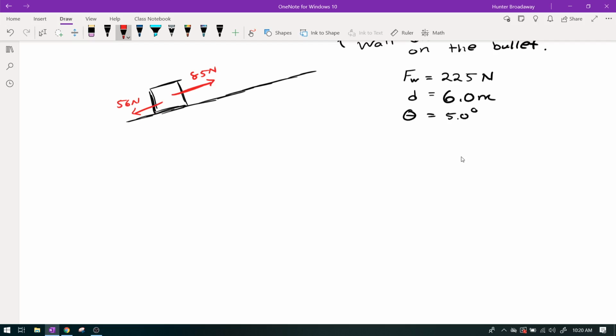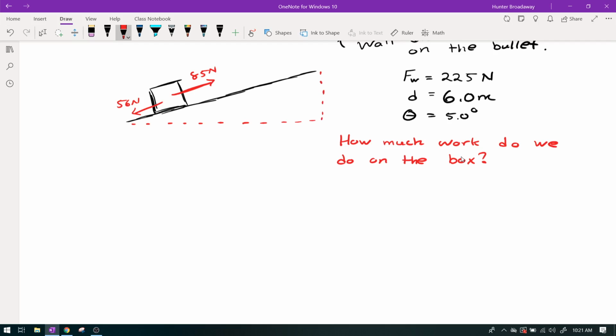Going up this ramp, let's calculate how much work we do on the box. The first question is: how much work do we do on the box? I'll draw the ramp like a right triangle.